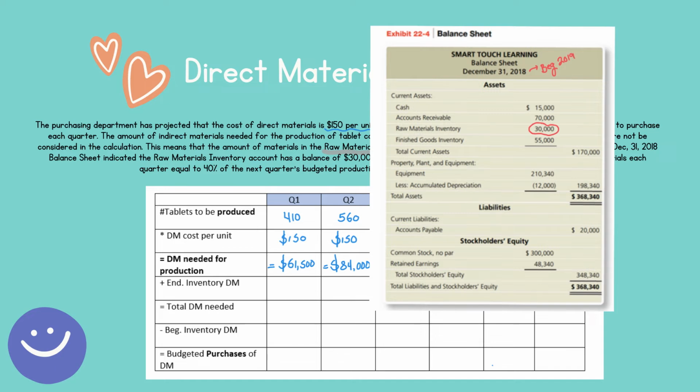So this is the beginning inventory of direct materials, since he said raw materials inventory is all direct materials, because the indirect materials is insignificant. So the 30,000 will be written here. Again, we got this number from the balance sheet.